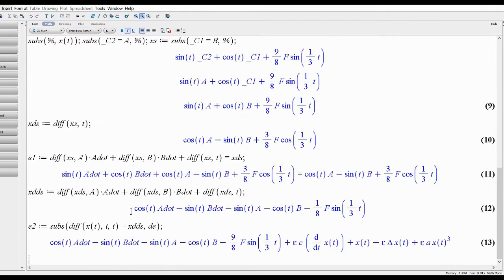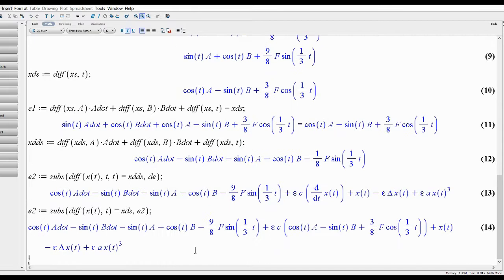Okay, so that has been substituted. X dot is still there. E2 is equal to substitute diff x of t with respect to t is equal to x_ds in E2. Alright, so I've got that substituted. I still have x in it, and there is still an f in it, so that's alright.